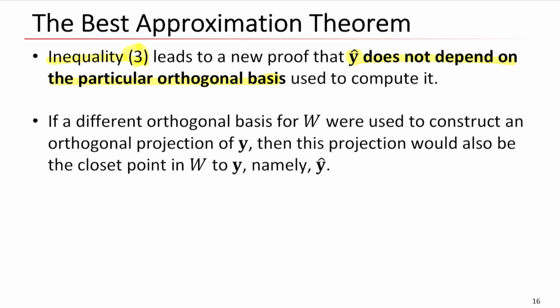In other words, if we have another orthogonal basis for the same subspace W, we can uniquely represent the y hat by using that other orthogonal basis, right? If a different orthogonal basis for W were used to construct an orthogonal projection of Y, then this projection would also be the closest point in W to Y, that is Y hat, right?